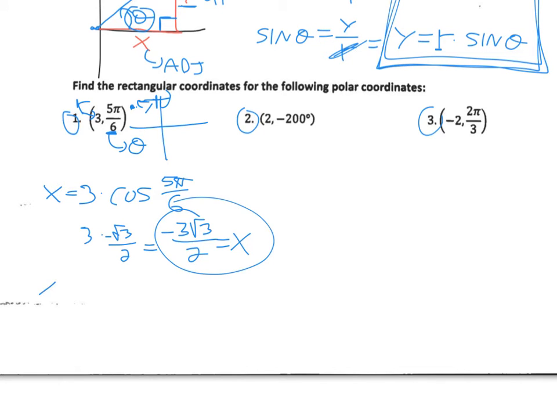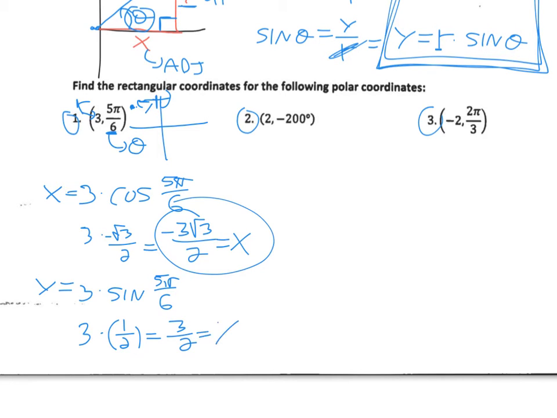Okay, the y value, we're just doing r times the sine of theta. So it's 3 times the sine of 5 pi over 6. Okay, sine of 5 pi over 6, that's up in the second quadrant, so sine, or the y value, is still positive. Sine of pi over 6 is 1/2. And then 3 times a half gives us 3 over 2.